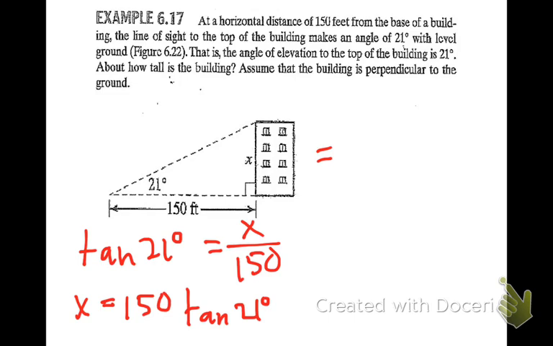What do you get? What'd you get, Ellie? Don't know? Okay, Shatis. I got 57.585. You might get something different. What'd you get? 57.5796.